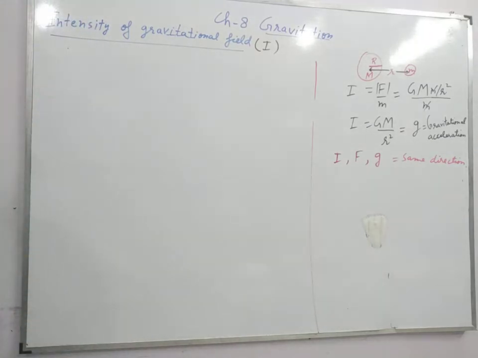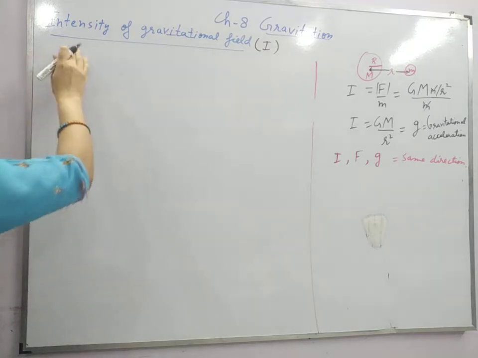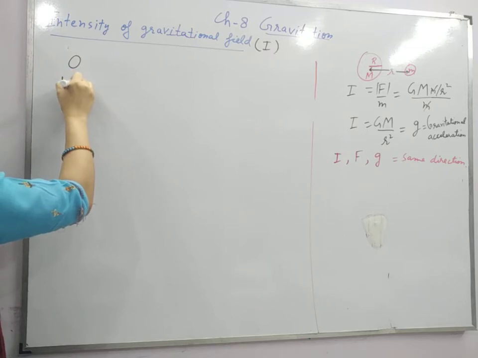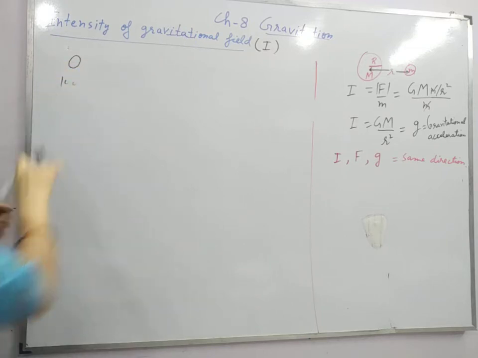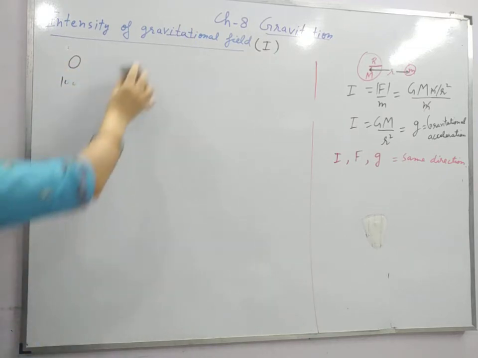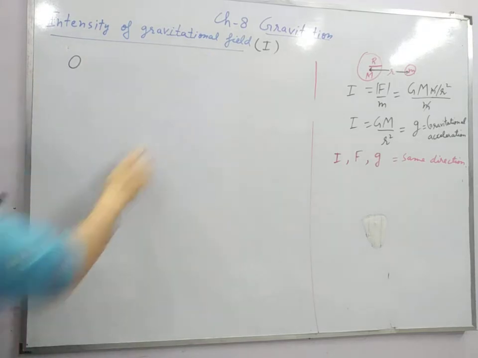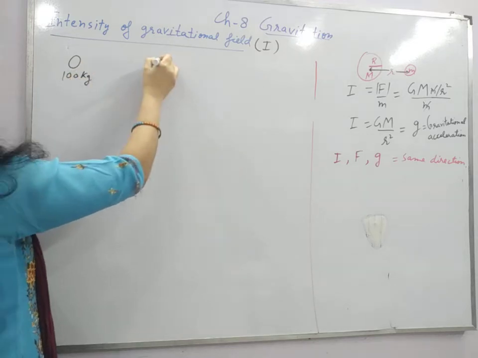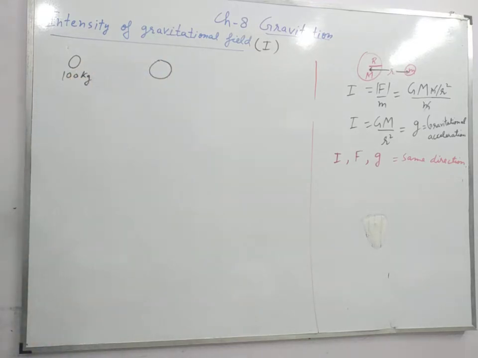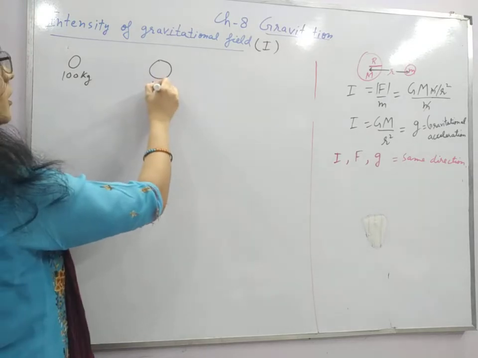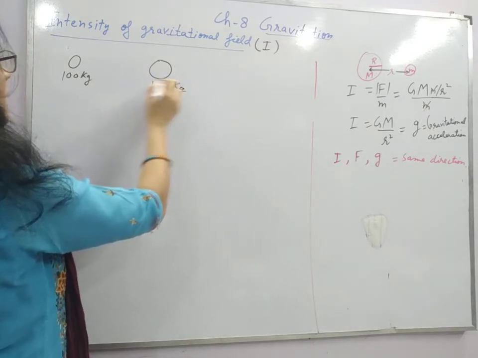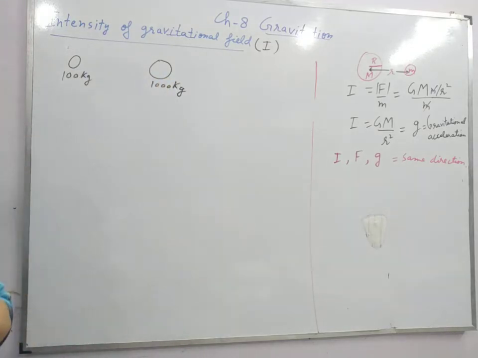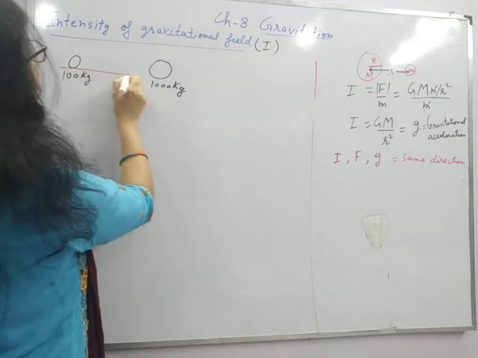Let's take a question here. Two bodies of mass 100 kg and 1000 kg are kept on a horizontal surface, 1 meter apart.